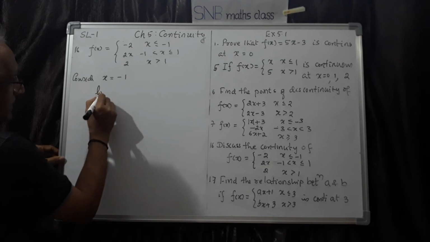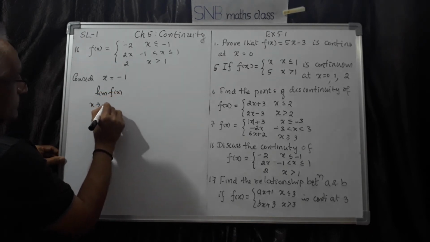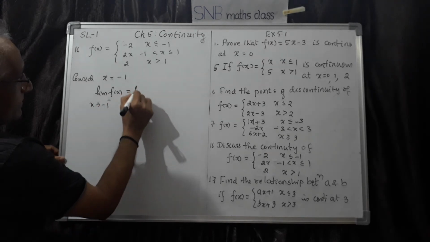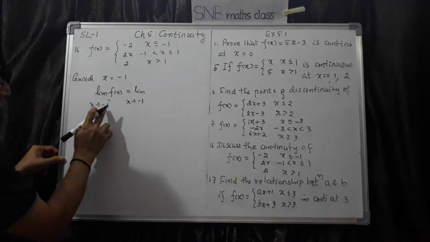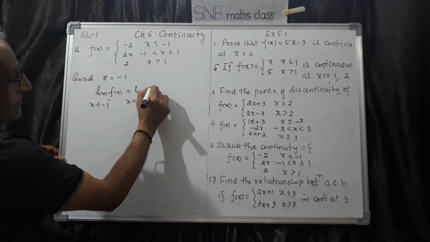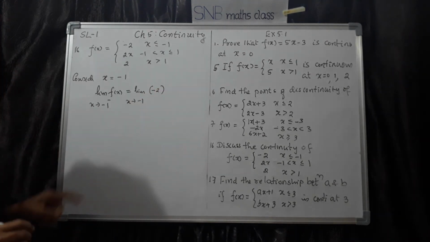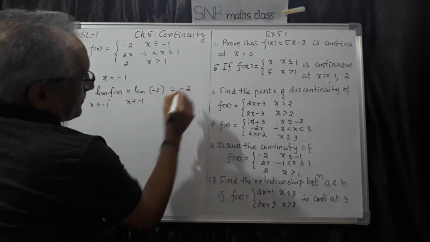Therefore, first let me take the limit of f of x as x tends to minus 1 minus. What do you mean by x tends to minus 1 minus? It means less than minus 1. What is the function? The function itself is the constant minus 2, so this is minus 2.